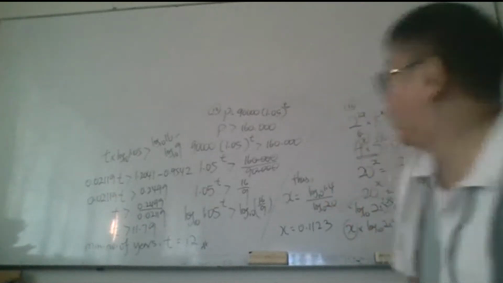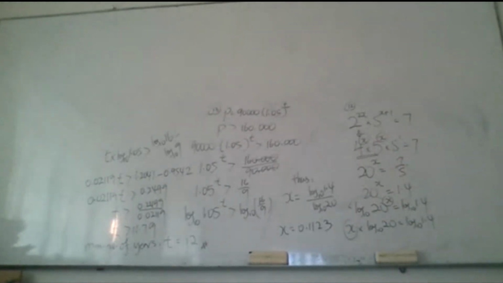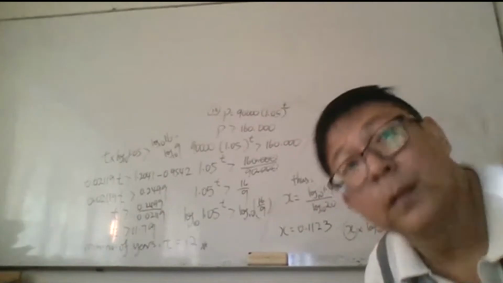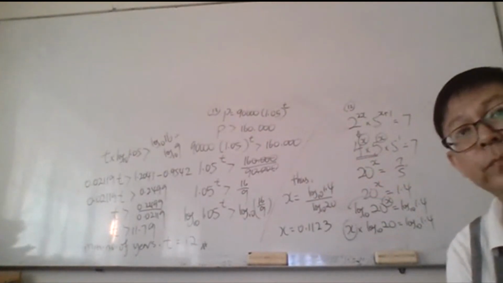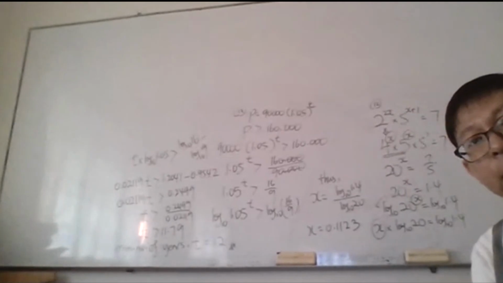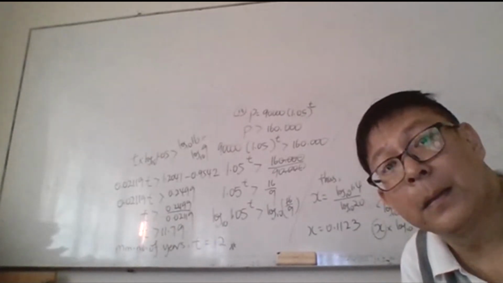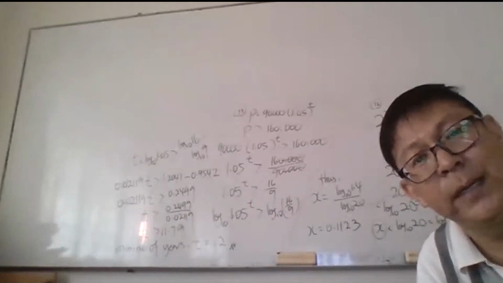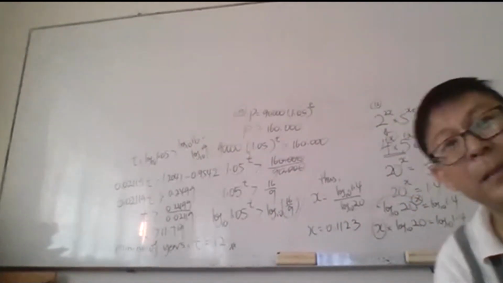Oh, you can't see the board clearly. Sorry, let me check what happened. Now can you see or not? Oh, I can move that. It's better, sir. Okay. Maybe it's the light reflection over there. We can see now, the camera is clear.